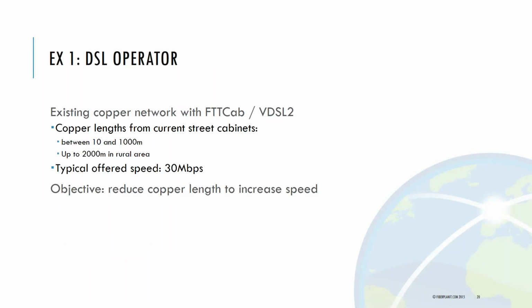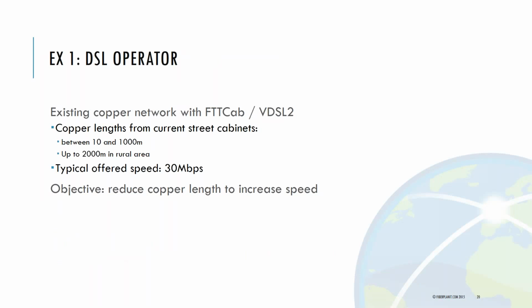The first example is the example of a DSL operator who has an existing copper network where he has these cabinets and VDSL2 deployed from these cabinets. So a fiber currently will be coming to these cabinets. There we have a conversion into the electrical signals on copper.